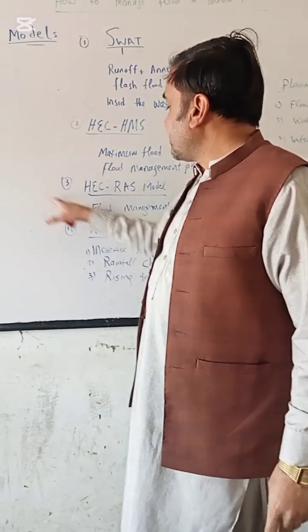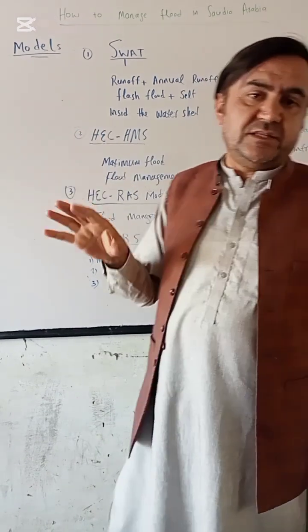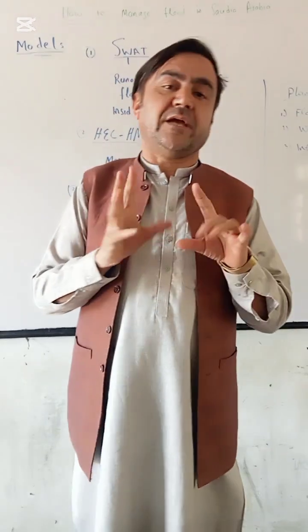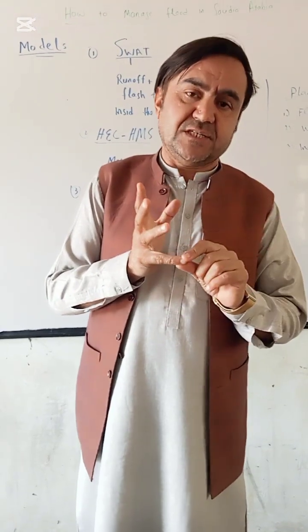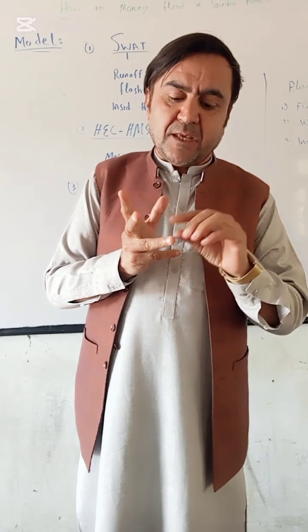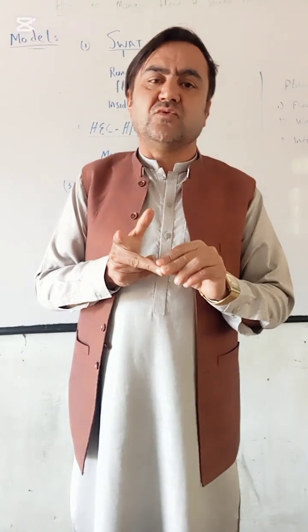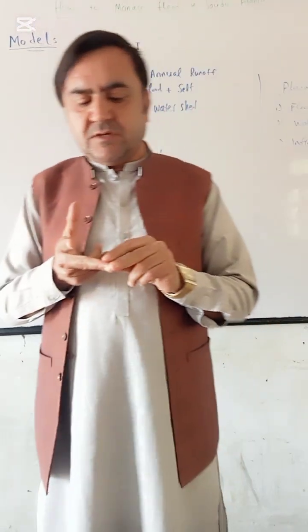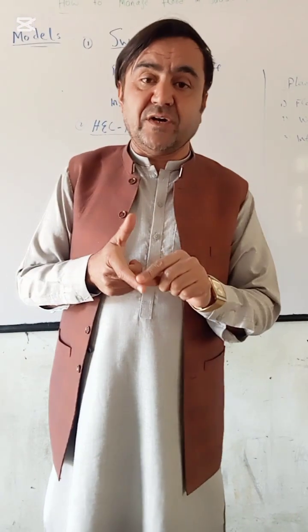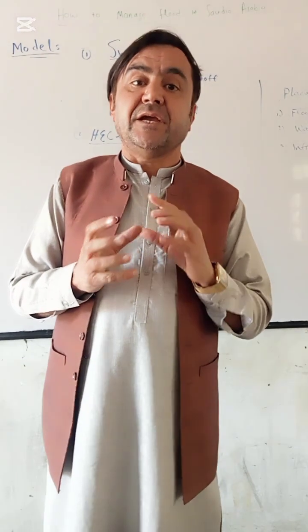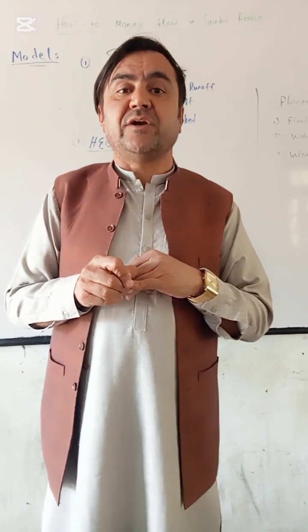All these models require which kind of data? These models require climatic data, which consists of rainfall, humidity in the year, and relative humidity. They require temperature data, soil moisture data, and land cover and land use data.